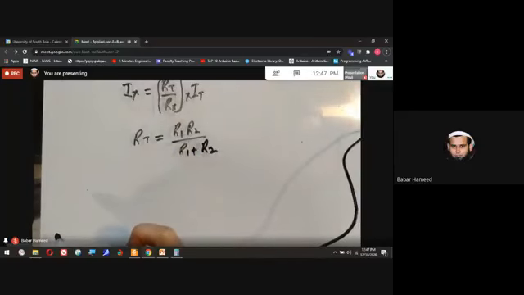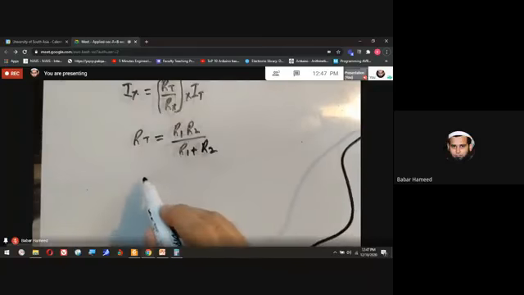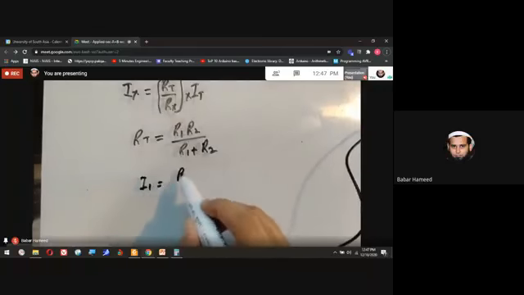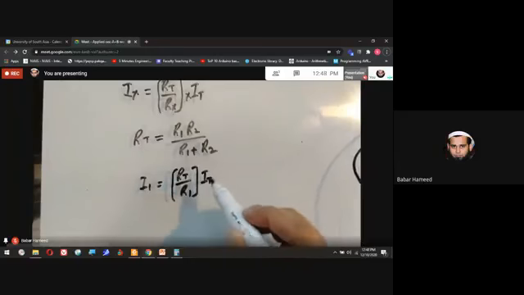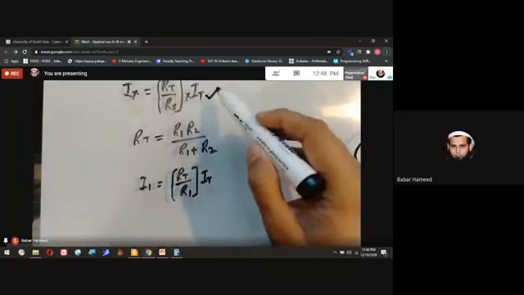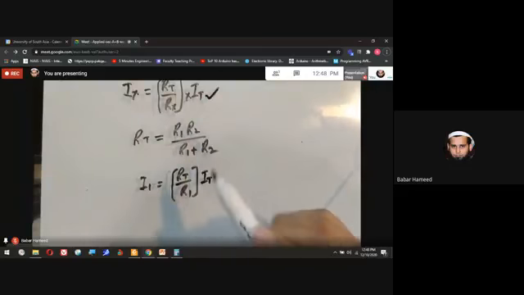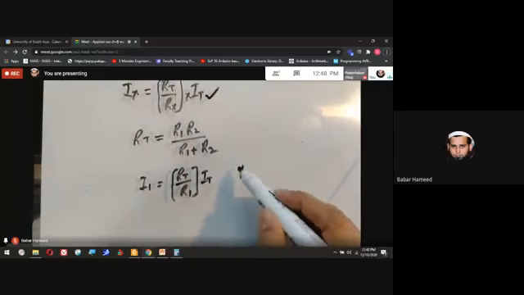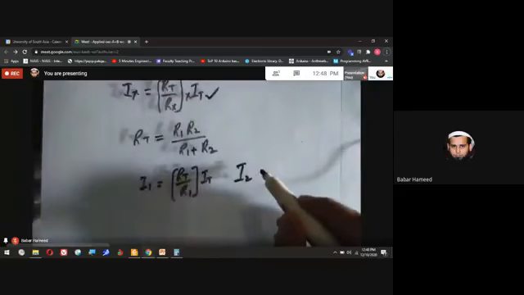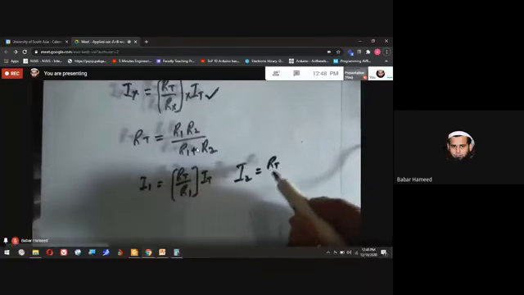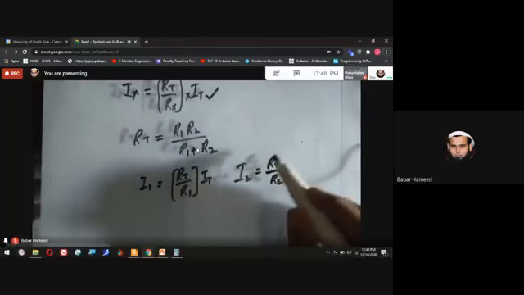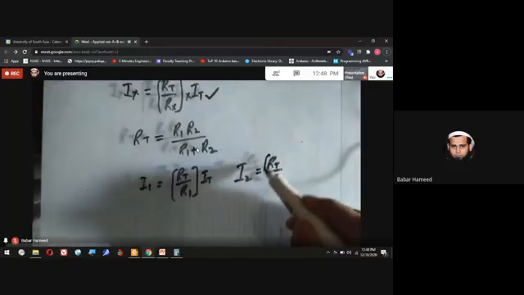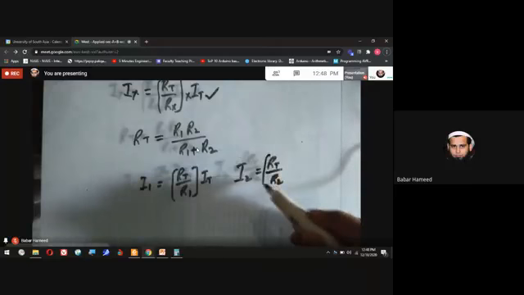So I1 will be equal to RT over R1 times IT, and I2 will be equal to RT over R2 times IT.